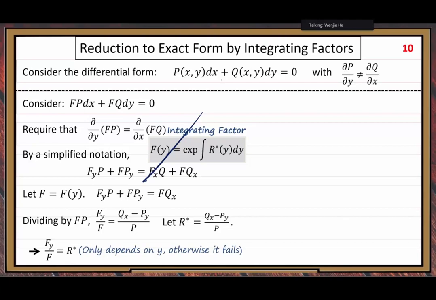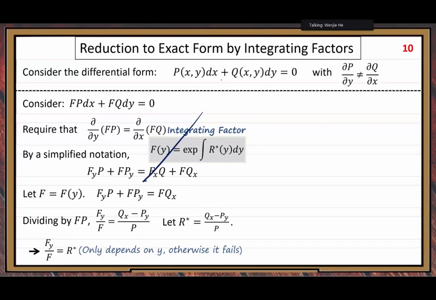So that's the second chance. For these two special cases, you need to check capital R and R star to see if one of the two satisfies the one variable function condition, then you can make it work. You do not need both to be one variable functions. If one of the two satisfies the condition, then you can find a solution.